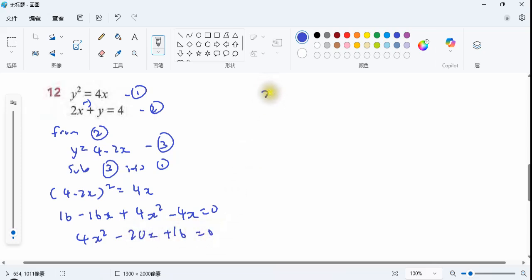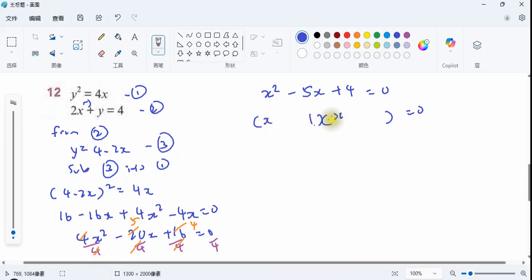So we have 4x squared minus 20x plus 16 equal to 0. All divided by 4, then we have x squared minus 5x plus 4 equal to 0. And we do the factorization. So x minus 1, x minus 4, so x equal to 1 and x equal to 4.